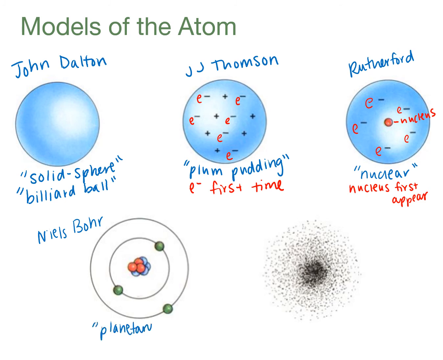Here we still see the nucleus, but now we see neutrons and protons within the nucleus, and electrons on fixed orbits orbiting around the nucleus. So this is really where protons and neutrons first appear.